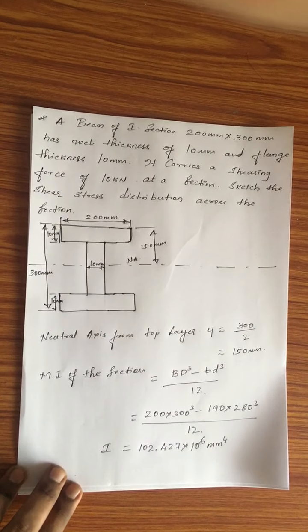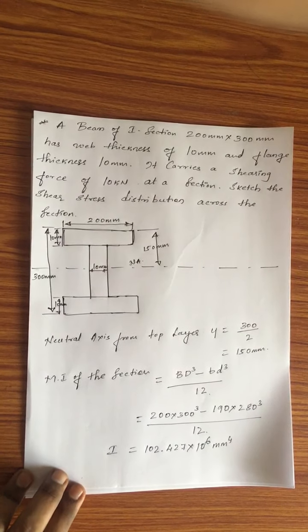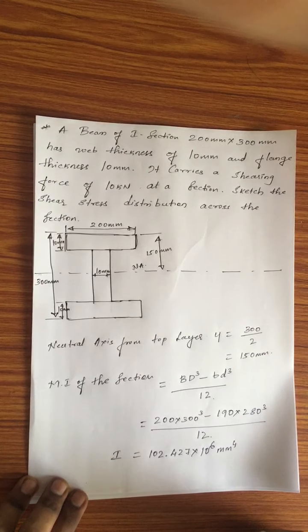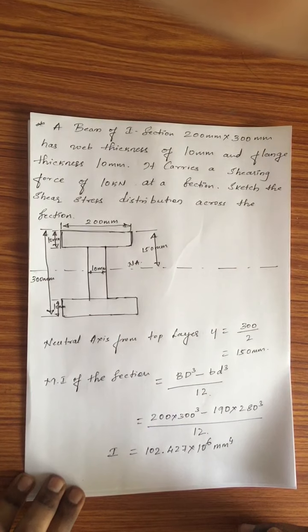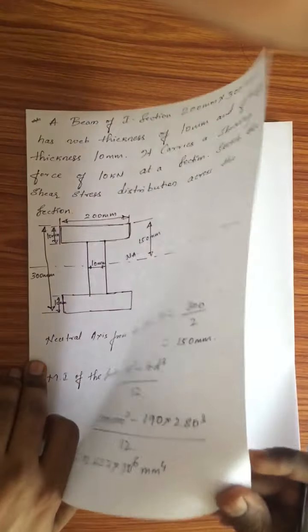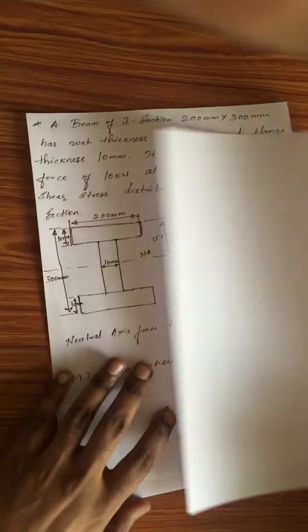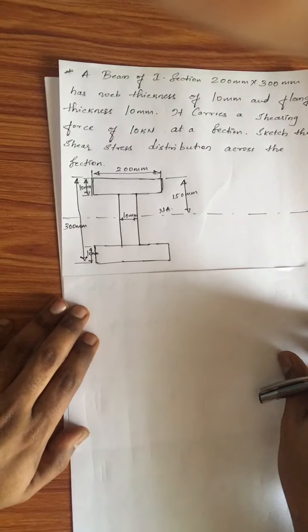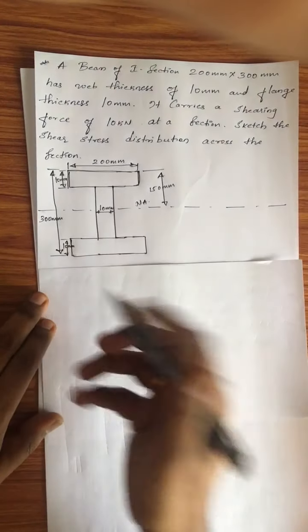Okay, so now that we have found the value of the moment of inertia, the next thing for us to do will be finding the shear stresses across various critical points in this I section. So I'll go on finding the shear stress along various critical points in this section.